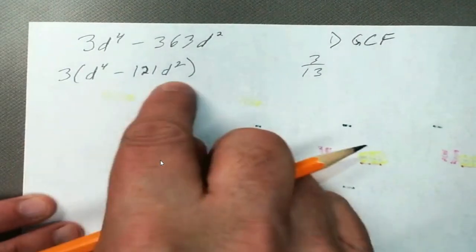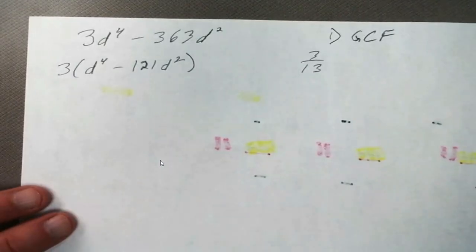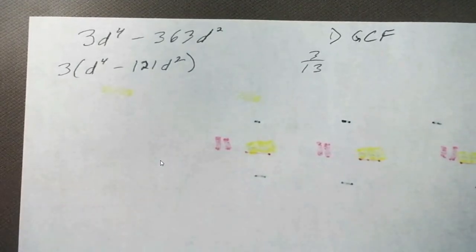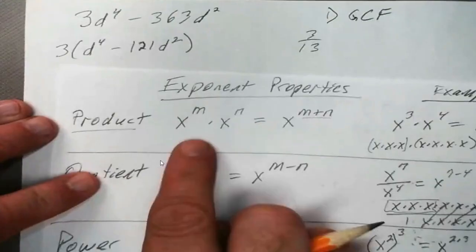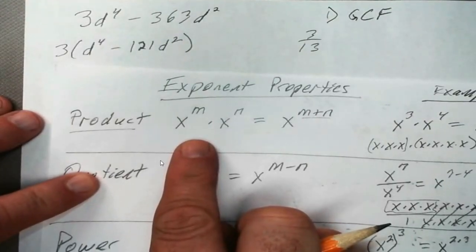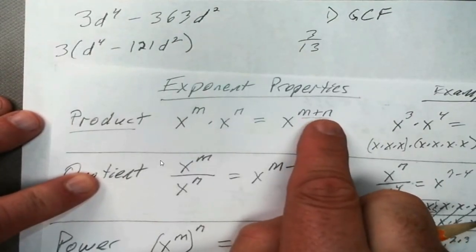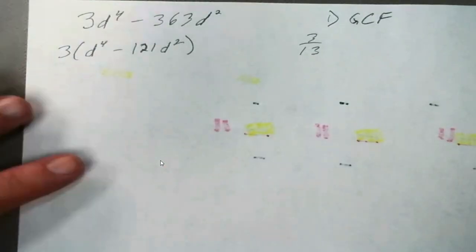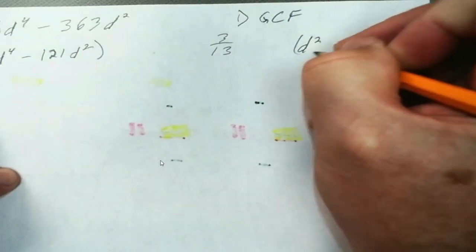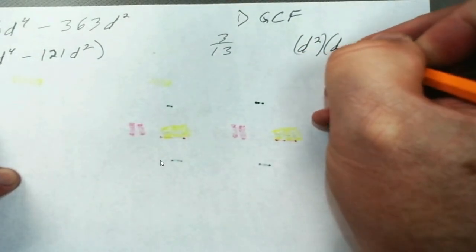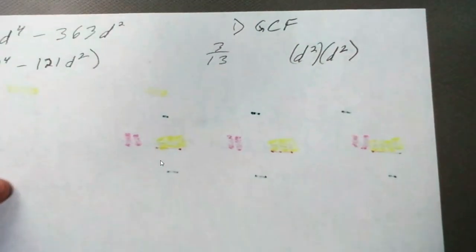Is this a difference of squares? D to the 4th, is that a square? Product property says we can add those exponents together if they're the same or different. D to the 4th is d squared times d squared.